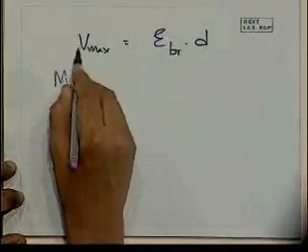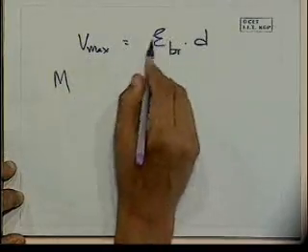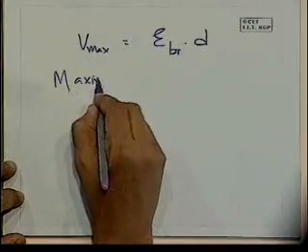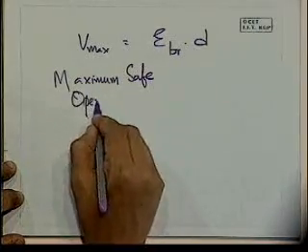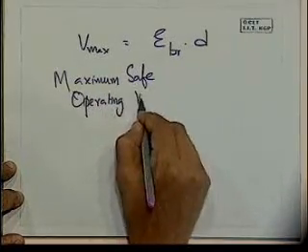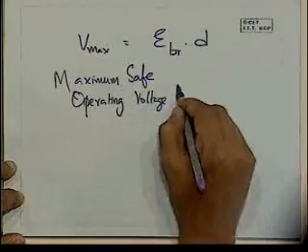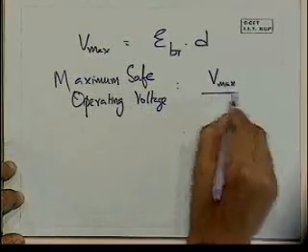Let's say that the maximum voltage is Vmax, which is related to our breakdown field strength times the thickness. That's the maximum voltage as dictated by the breakdown field. But the maximum safe operating voltage is then given by Vmax divided by that safety factor.